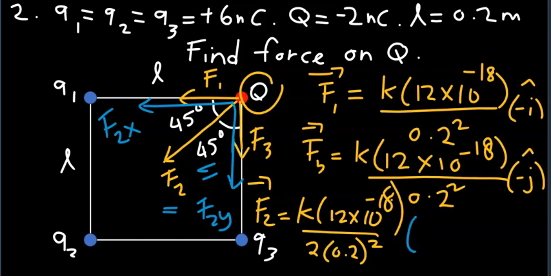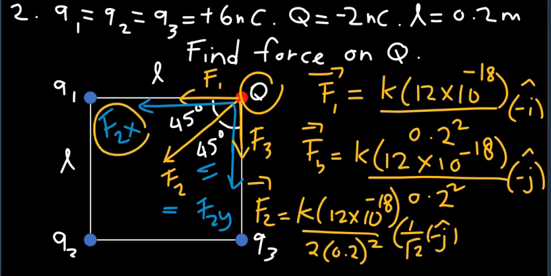Cosine of 45 is 1 over square root 2. It's going in a minus direction, so that's going to be minus j hat. Likewise, the x component is this magnitude times the cosine of that angle, which is also 45 degrees. So it is 1 over square root 2 in the direction of minus i hat.